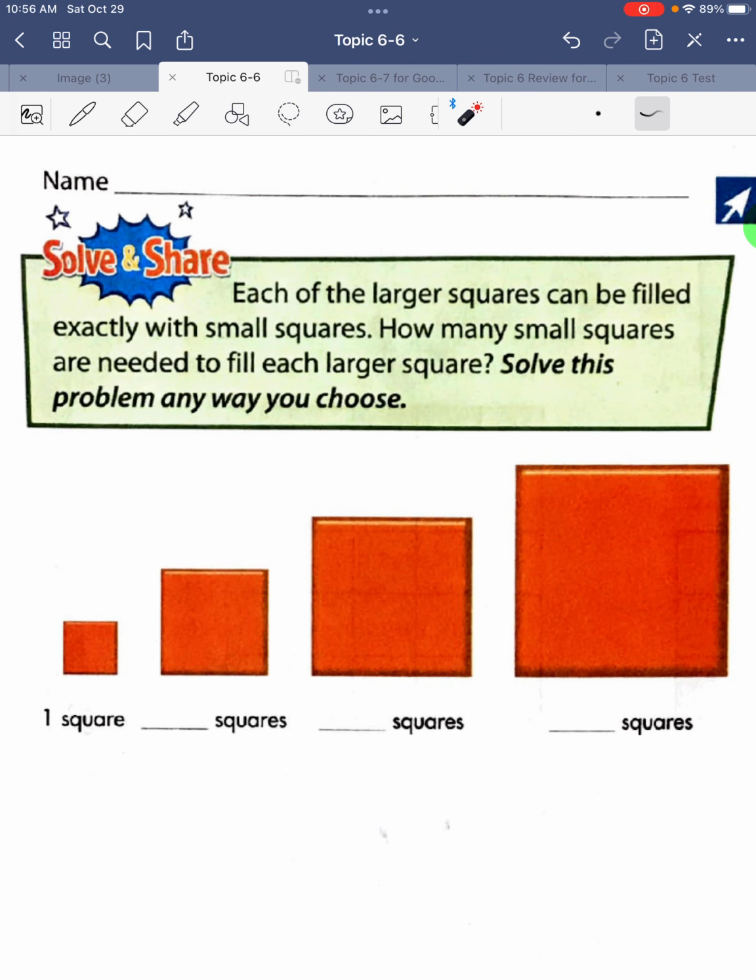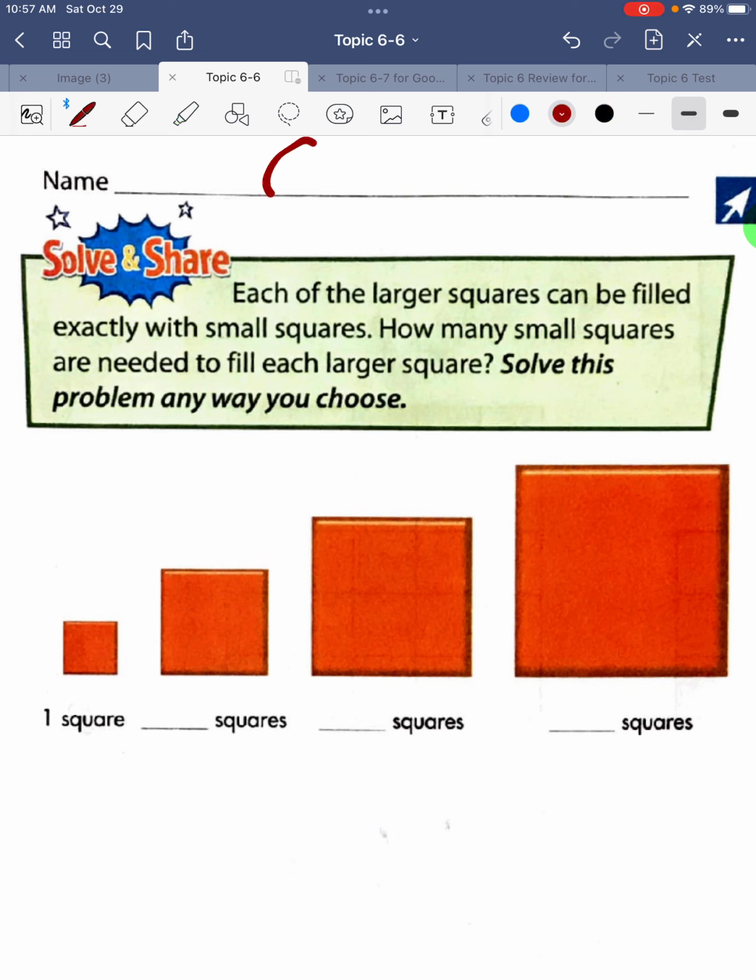My problem says, each of the larger squares can be filled exactly with small squares. How many small squares are needed to fill each larger square? I'm going to underline my question because I don't have any numbers in here.